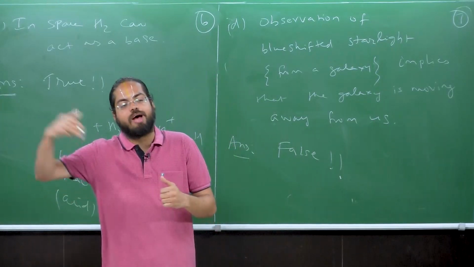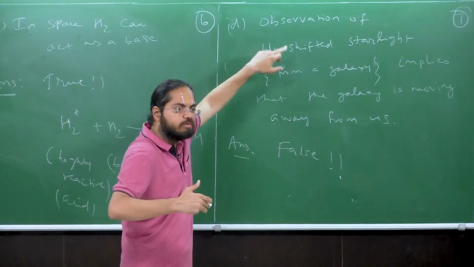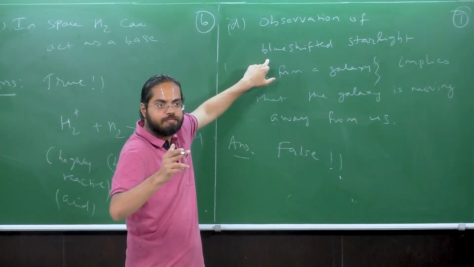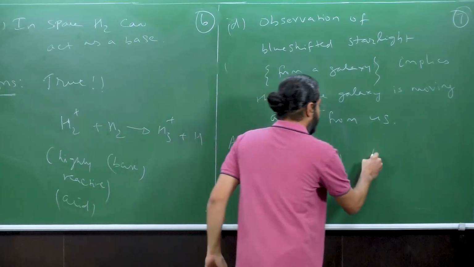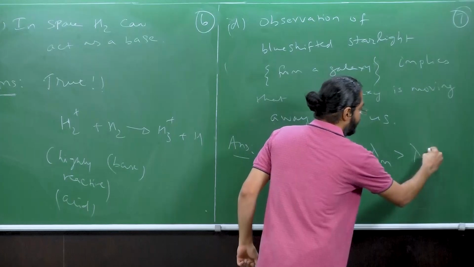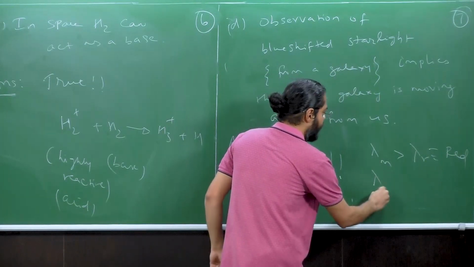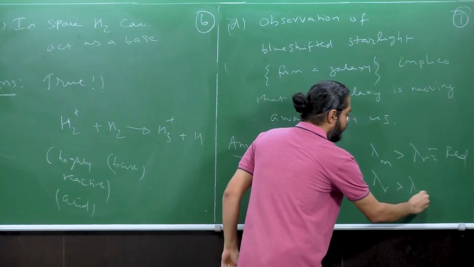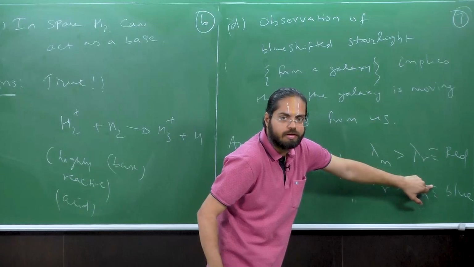And when the wavelength is higher, do we call it red shifted or blue shifted? We call it red shifted, correct? So lambda moving greater than lambda rest, we call it red shifted, and lambda rest greater than lambda moving, that is blue shifted. What is the reason behind it?